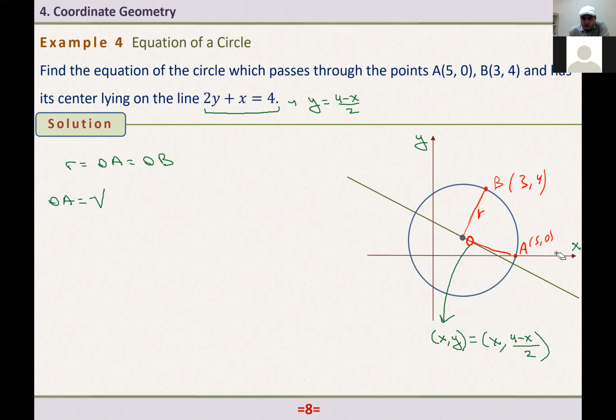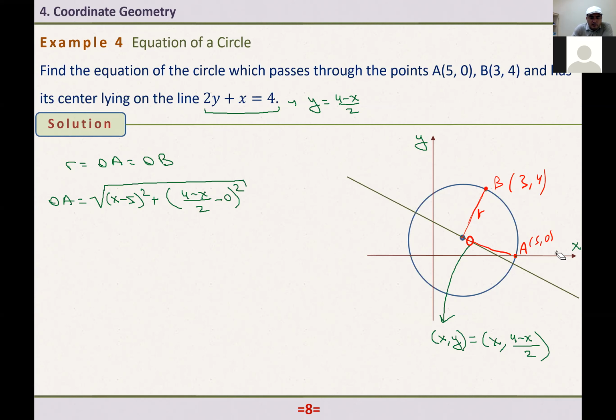The x coordinate of O is x, the x coordinate of A is 5. So here we have (x minus 5) squared. And how about the y coordinate of O? That is (4 minus x) over 2, minus the y coordinate of A, which is 0. So here we have this thing squared.